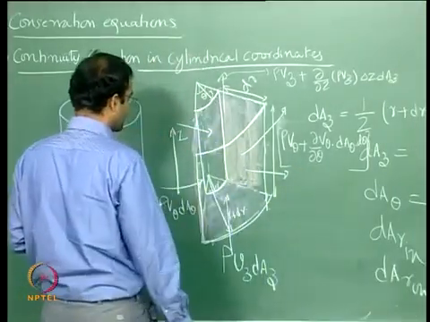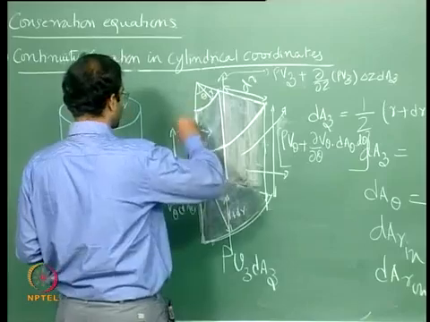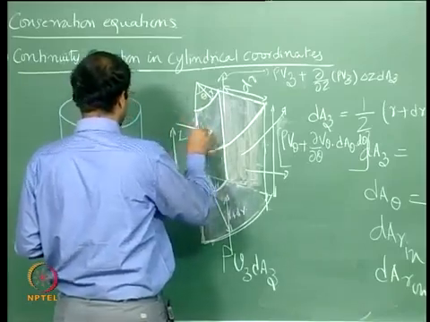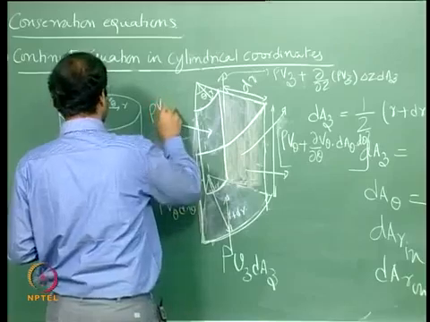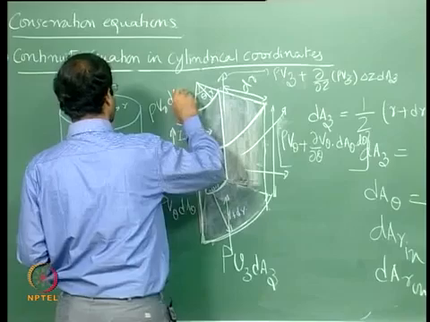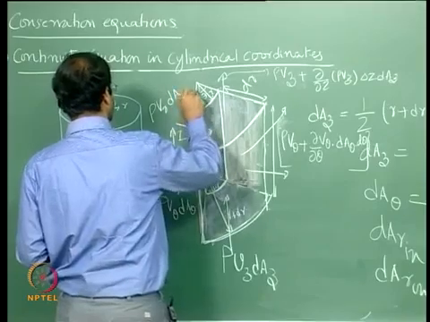And if you look at the mass flow entering in the radial direction, this is rho into Vr, entering through the differential element dAr in.